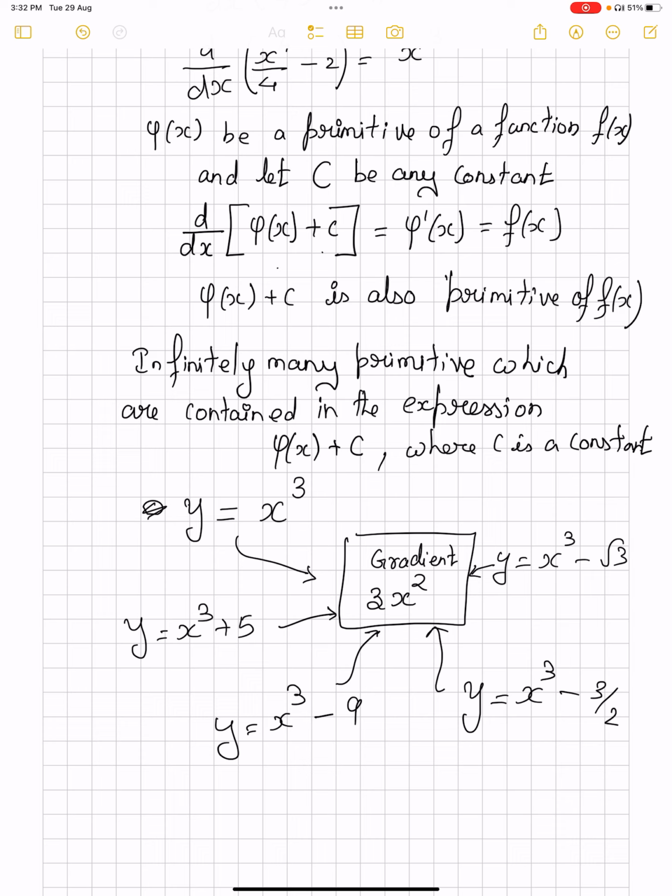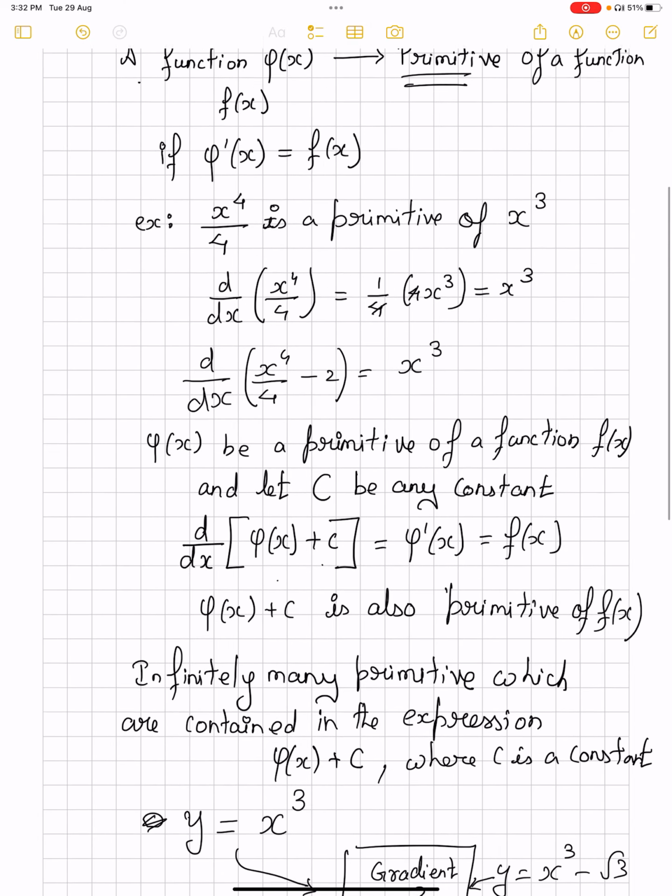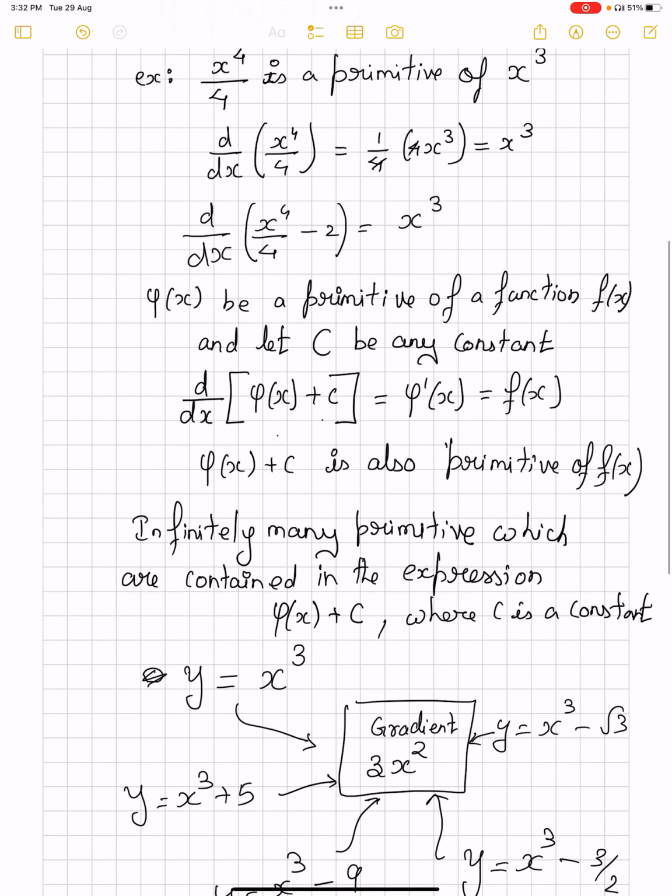So in this way, how many functions can you write for which the gradient is going to be 3x squared? Our answer is that infinitely many functions are possible. The same thing has been explained above with the term primitive, and that's the reason they use plus c.